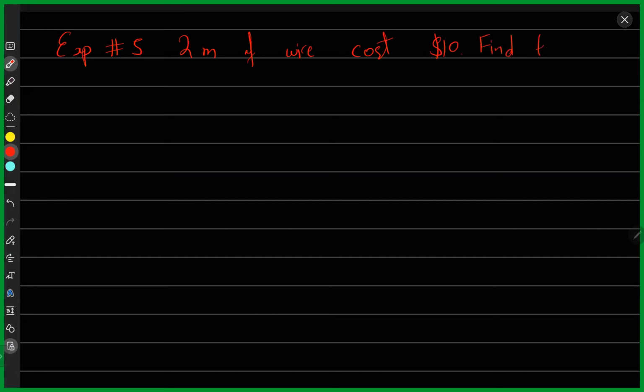Find the cost of a wire with a length of h meters. Please think about it for some time and then I'll tell you how to do it. Try solving this question.